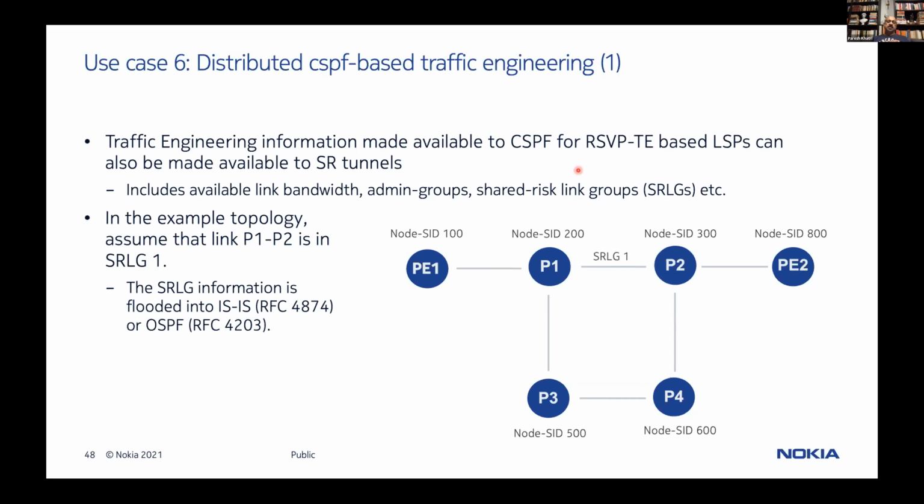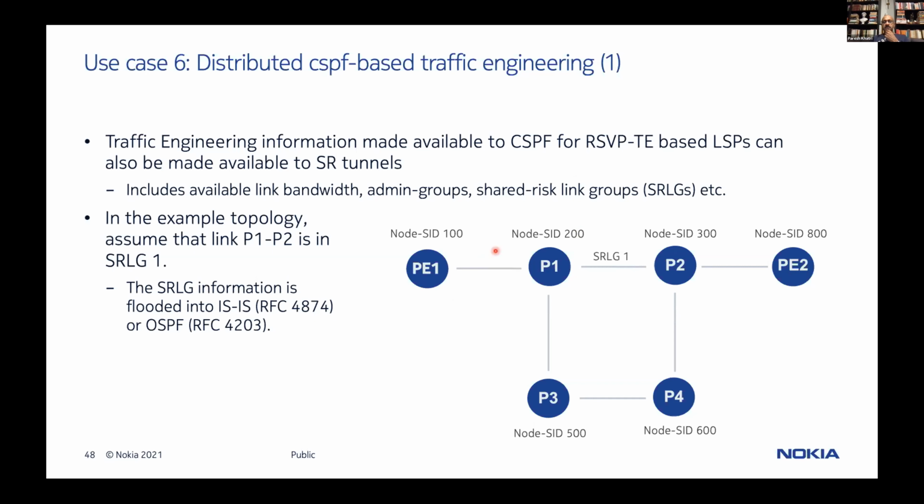Just like we do a distributed CSPF calculation on routers today with RSVP-TE, we can use the same information that is advertised by the traffic engineering extensions for RSVP-TE. So things like the bandwidth we have available on links, how much of it is used, how much is available, things like admin groups, affinity, shared risk link groups, separate TE metrics, and so on.